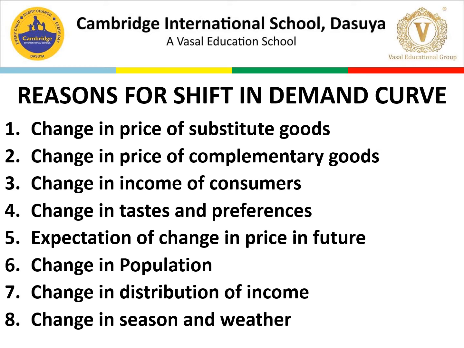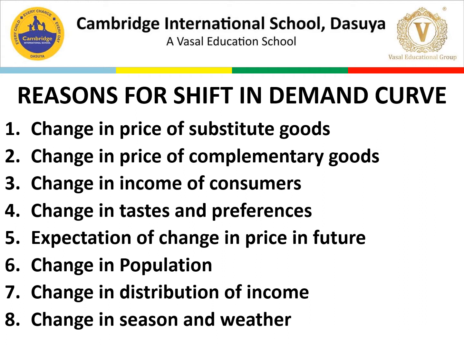These are similar points. And then change in distribution of income. We talked about all determinants of individual demand and market demand. These are always causing the change in the demand curve. Next is change in the season and weather. All these points are the reasons why there is a shift in demand curve.